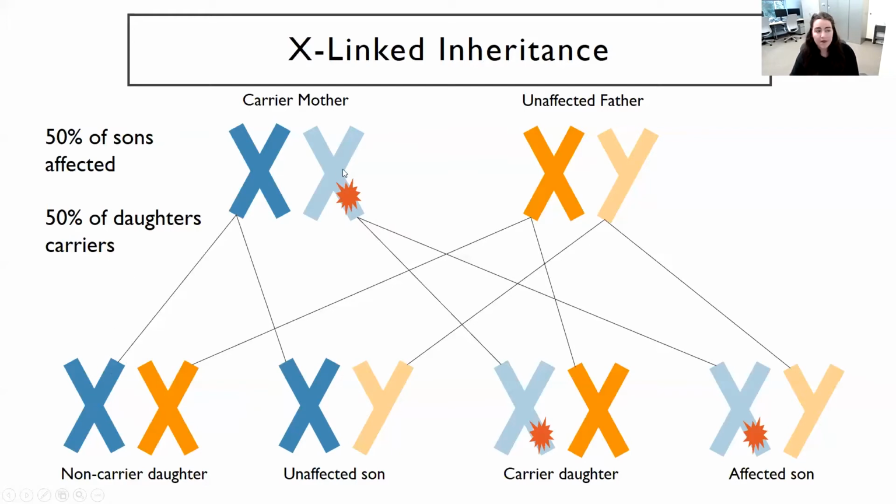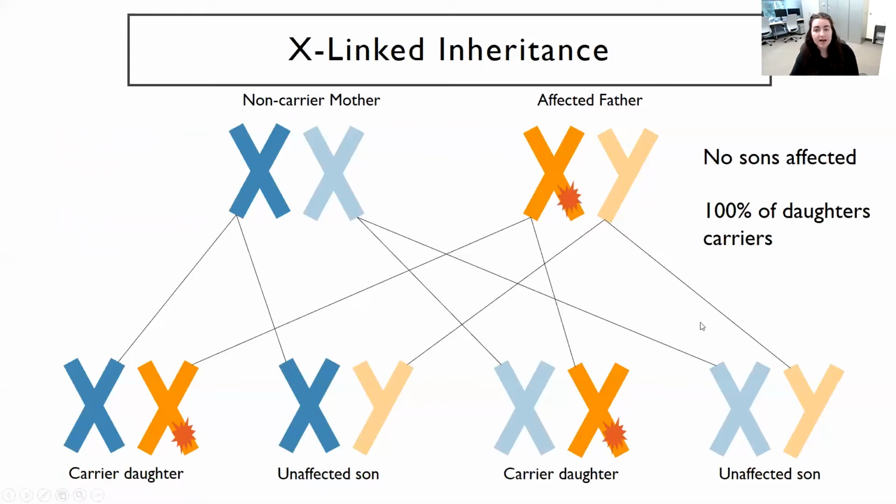So if a mother is a carrier of an X-linked condition, we say half of her sons, 50%, are affected because she either passed down the dark blue, the copy without the change, or the copy with the change. And if a mother is a carrier, we say 50% of her daughters are at risk to be carriers.